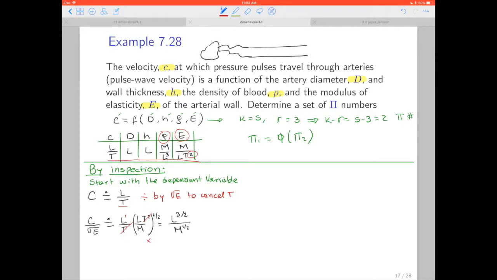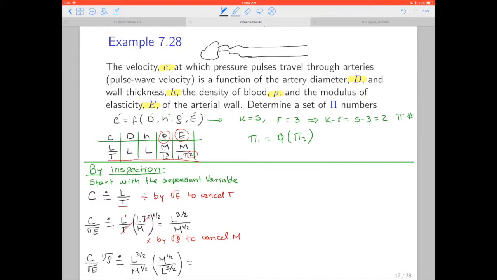So we have to multiply by the square root of rho to cancel M. So we have our previous result, and we multiply by the square root of rho, and the dimensions are L to the 3/2, M to the 1/2, multiplied by density to the 1/2, so mass to the 1/2, and divided by length cubed to the 1/2, so 3/2.